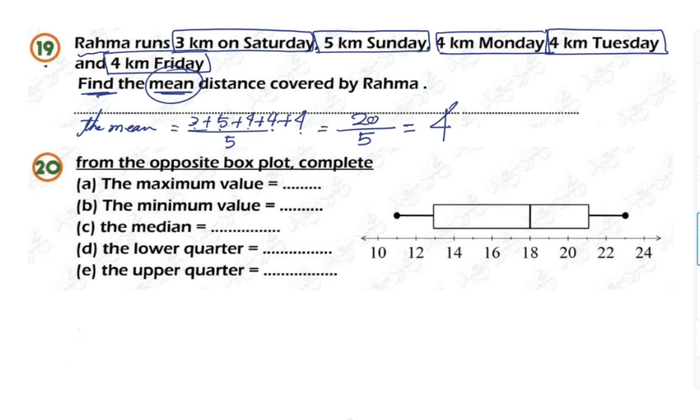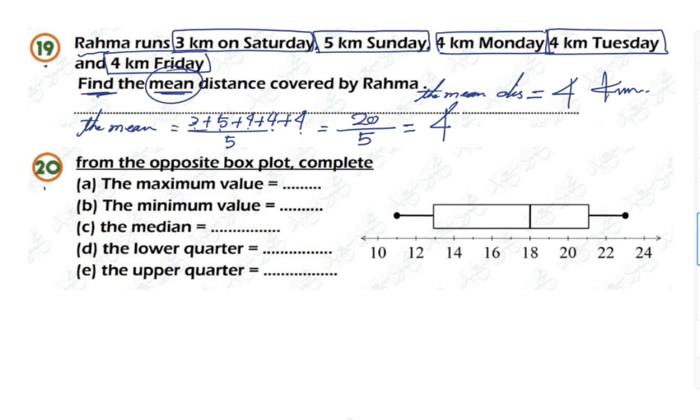Equals 4. So the mean distance covered by Rahma equals 4 what? 4 kilometers.